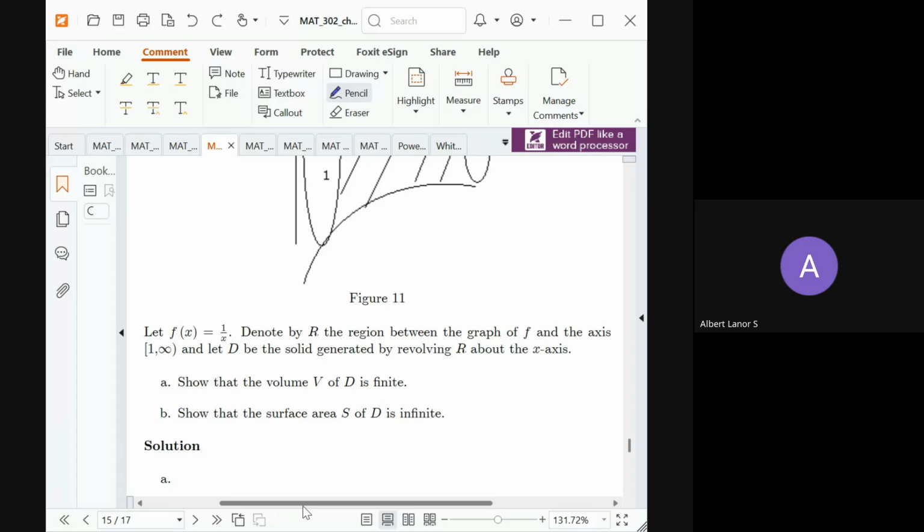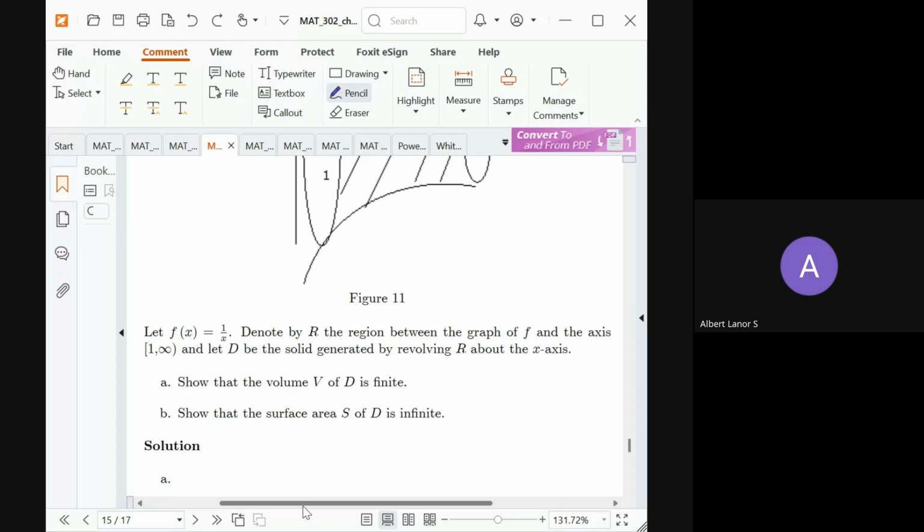Denote by R the region between the graph of f and the x-axis, and let D be the solid generated by revolving R about the x-axis. Show that the volume V of D is finite, and show that the surface area S of D is infinite. So the volume is finite, but the surface area is infinite.